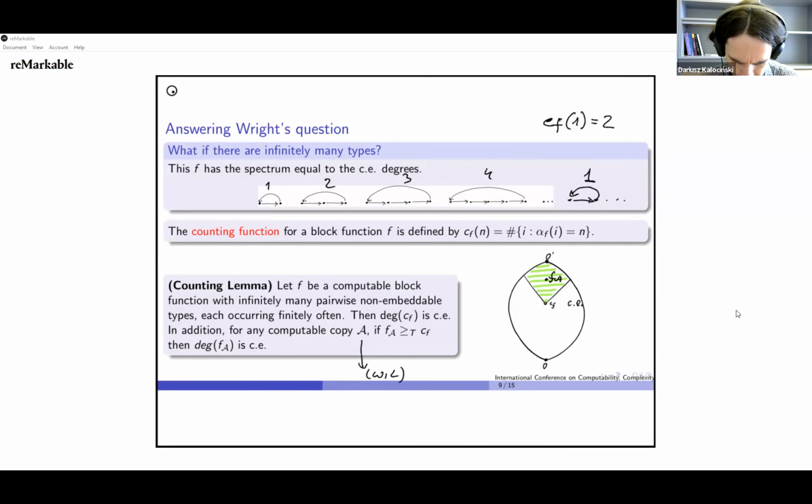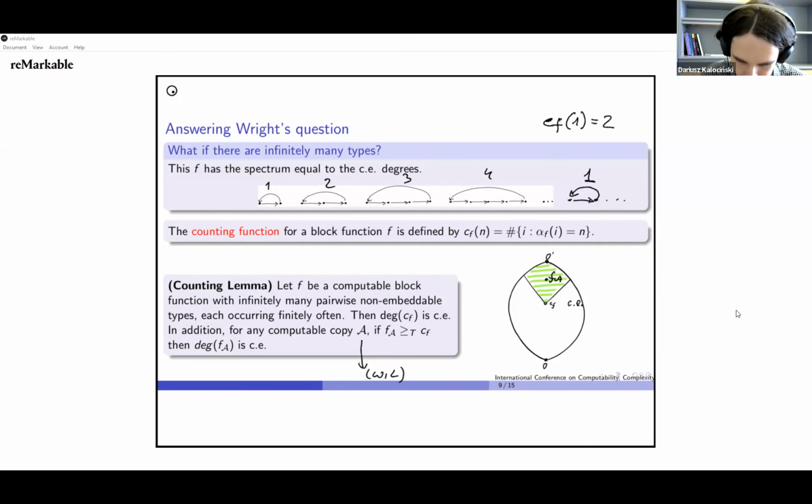Maybe one word about why, if f computes the counting function, the degree spectrum of f sub A is C.